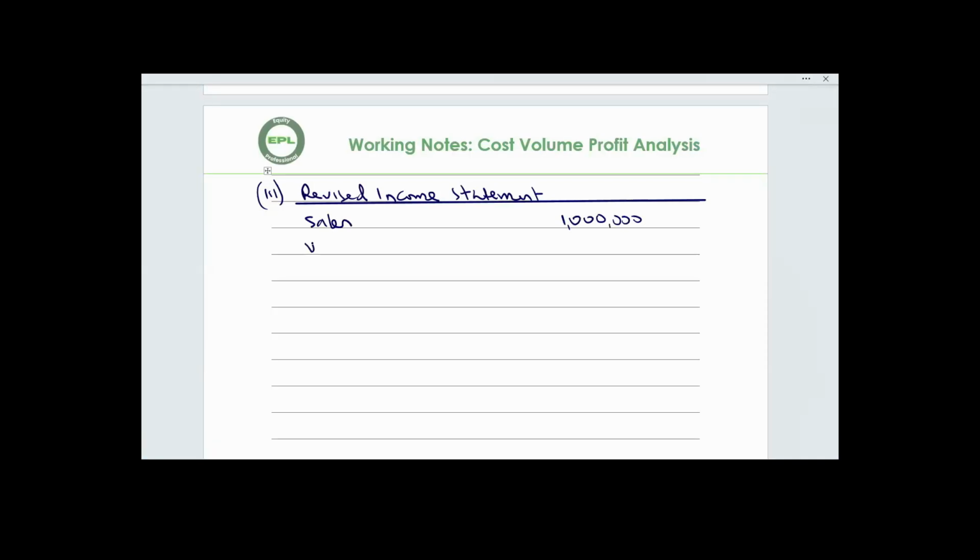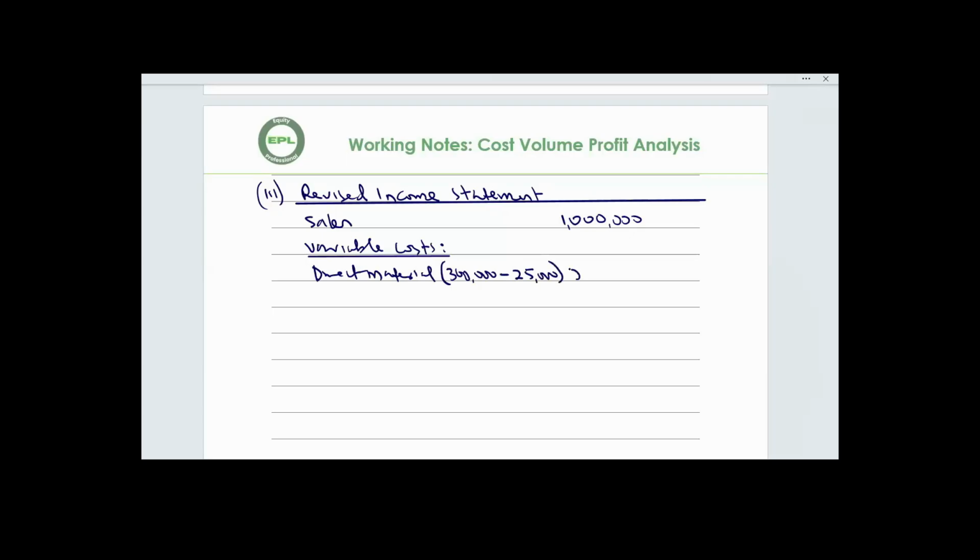Then you less variable costs. Under the variable costs, we have direct material. Direct material currently is 300,000. We're now told that we are going to save 25,000. So minus 25,000.